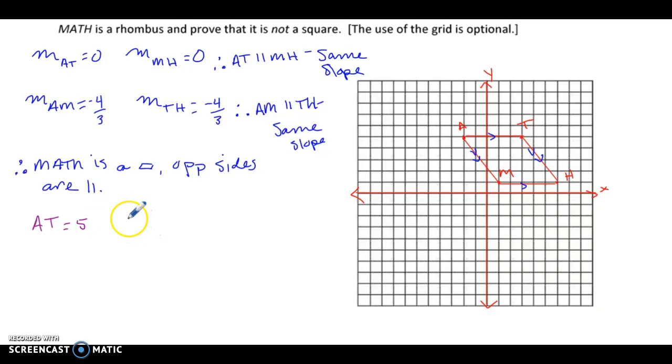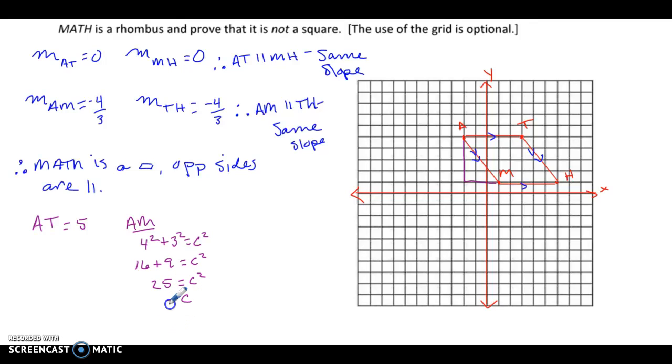Now I need to find the length of AM. For that one, I'm going to have to do some work because I have to do the Pythagorean theorem. 4 and 3. 4 squared plus 3 squared equals c squared. This is a Pythagorean triple. I know it works out to be 5, but 16 plus 9 equals c squared. So 25 equals c squared.